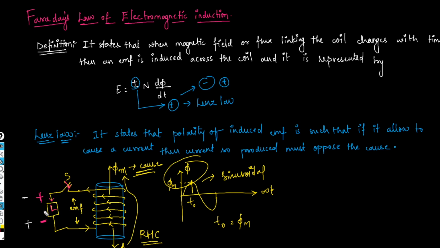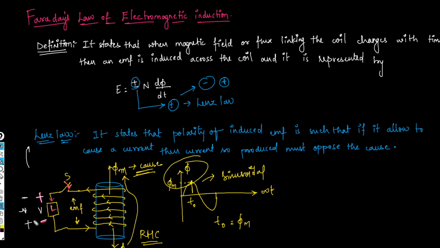But you have to take care: if you plot the polarity of the EMF according to the Lenz law, then the EMF will be a positive value, here V. And if you plot the polarity against the Lenz law, then you need to take a minus V value.